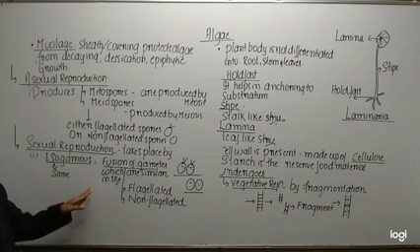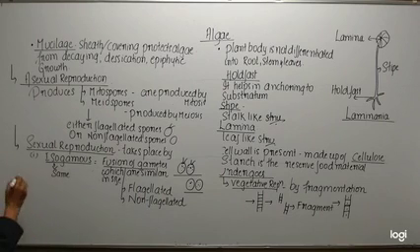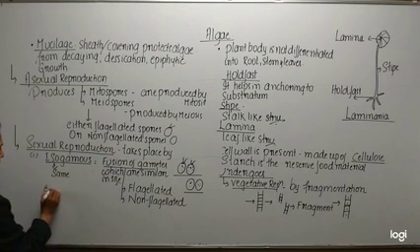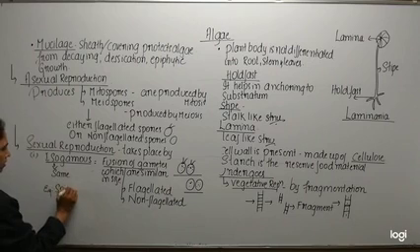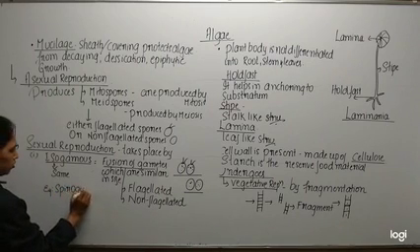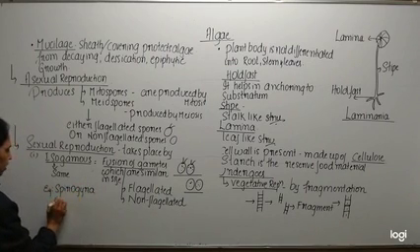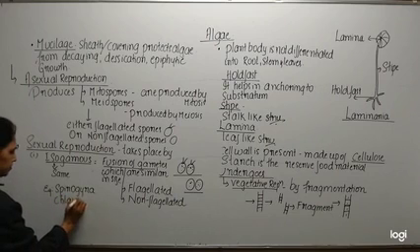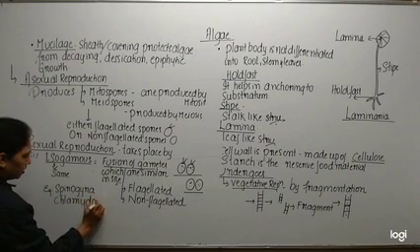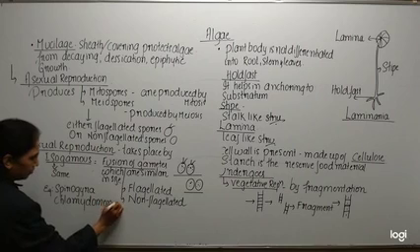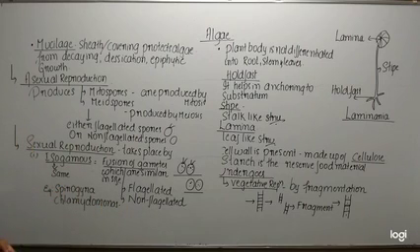This is quite common in primitive algae. For example, in Chlorophyceae, examples are Spirogyra and Chlamydomonas. So these are some examples for isogamous fusion.